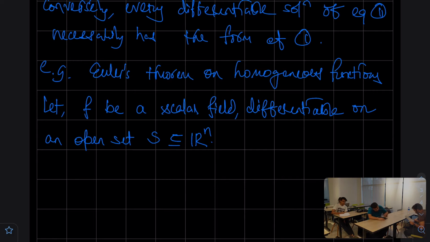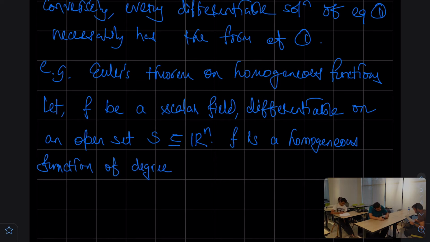Okay, f is a homogeneous function of degree p over S if, so always the region is there.